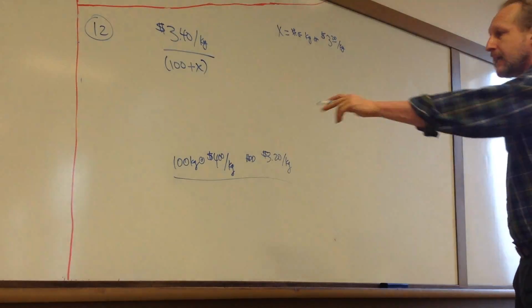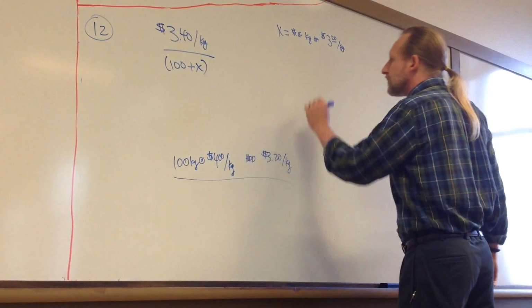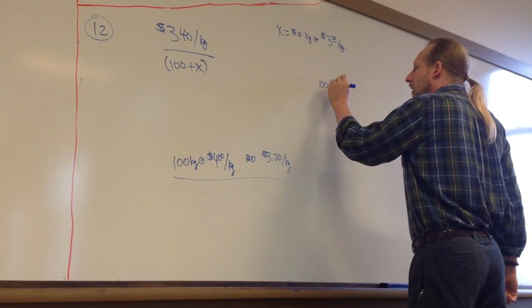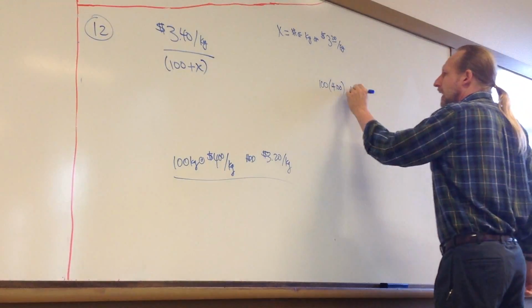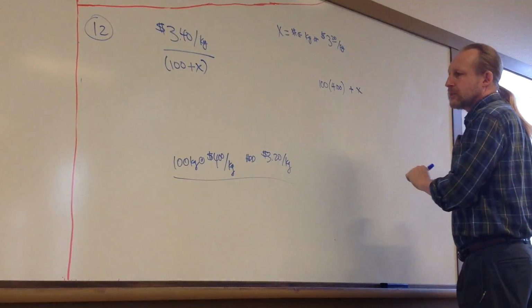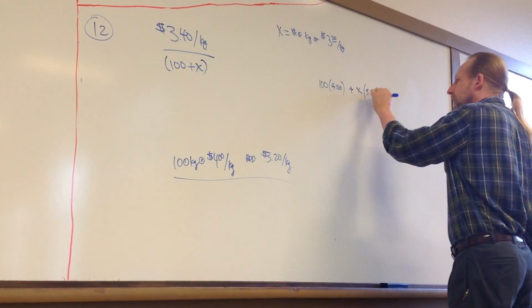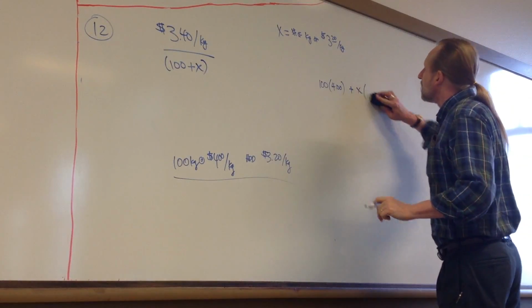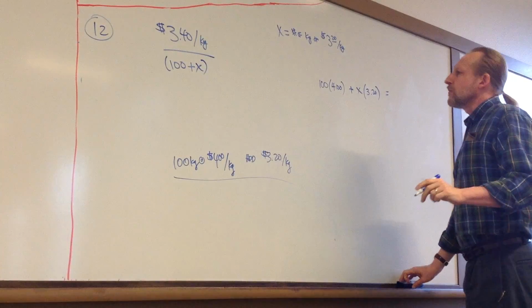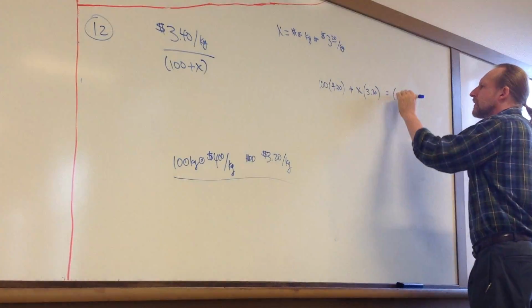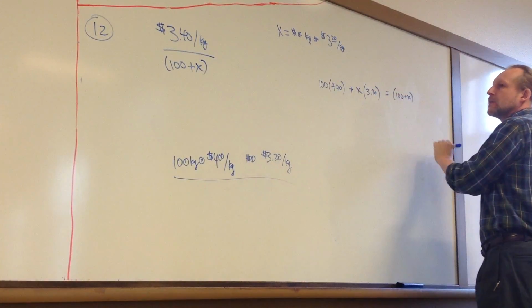So what we're saying then is we've got 100 kilograms of this mixture at $4 per kilo, and we're going to add in X kilograms at $3.20 per kilo. And then we're going to want to sell this total mixture, 100 plus X kilograms.